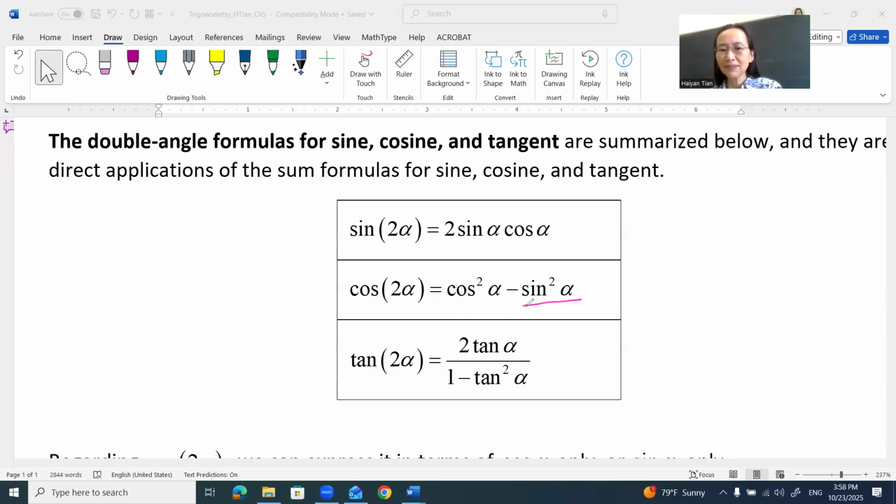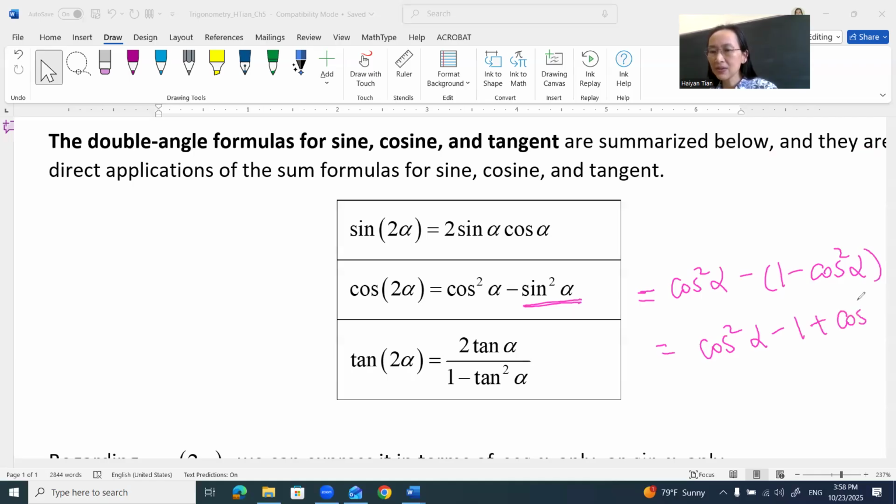Or you can replace the sine square alpha. So that is our cosine square alpha, and replace sine square with 1 minus cosine square alpha. This is again by the Pythagorean identity. Then you take out the parentheses. So cosine square alpha minus 1, minus negative means plus cosine square alpha.